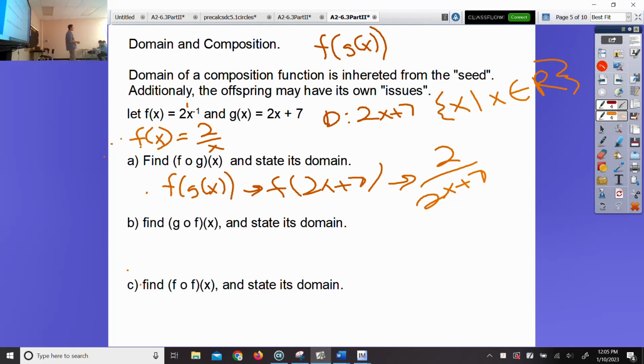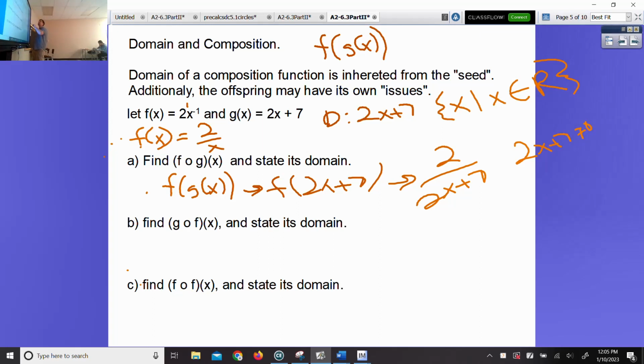What do you worry about when you see fractions? Worry about dividing by 0. That happens if 2x plus 7 happens to equal 0, right? So 2x plus 7 cannot be 0. Two-step equation, what's the value that x can't be?